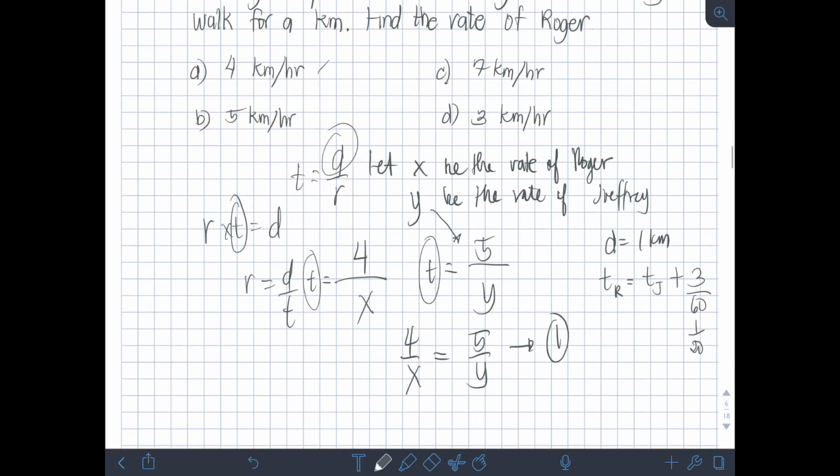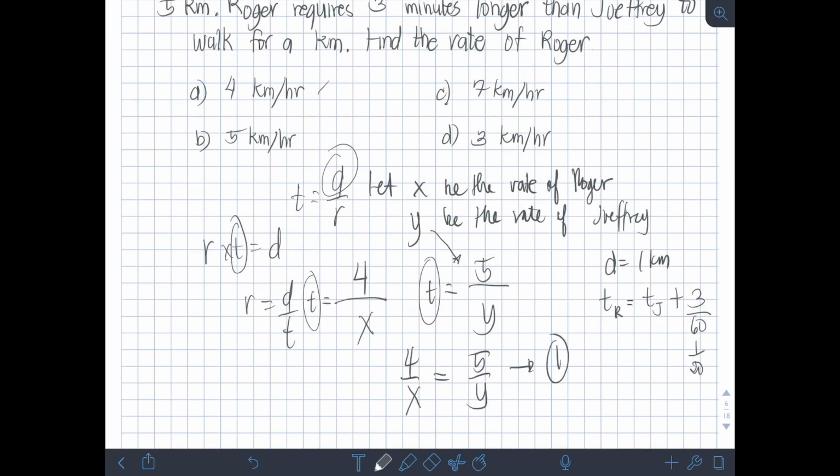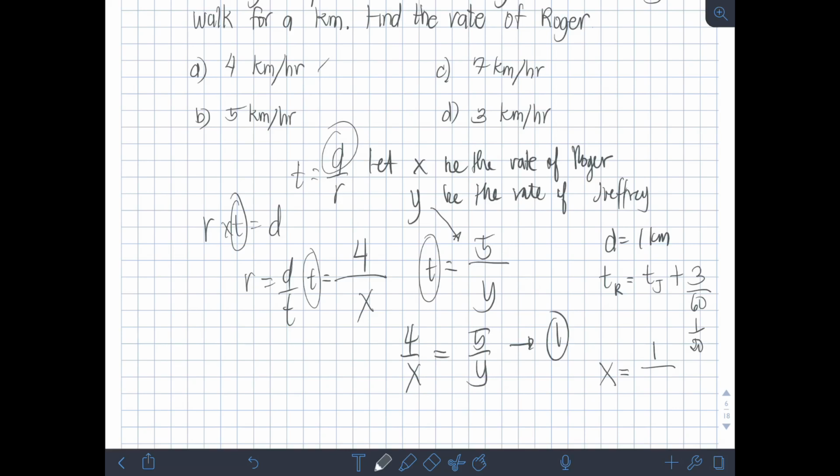So, therefore, ano yung magiging rate ni let's say Roger? So, diba yung representation natin sa rate ni Roger ay x? Distance na 1 kilometer over yung time ni Roger na t plus 3 over 60 or 1 over 20.